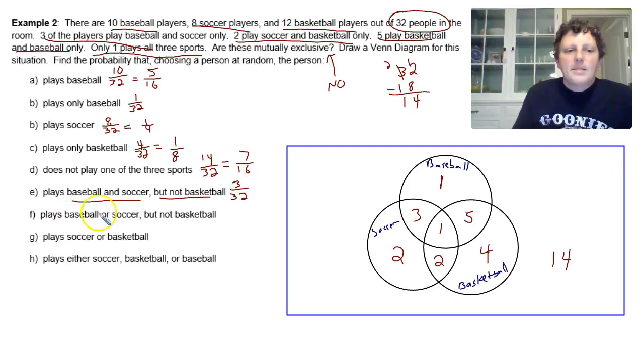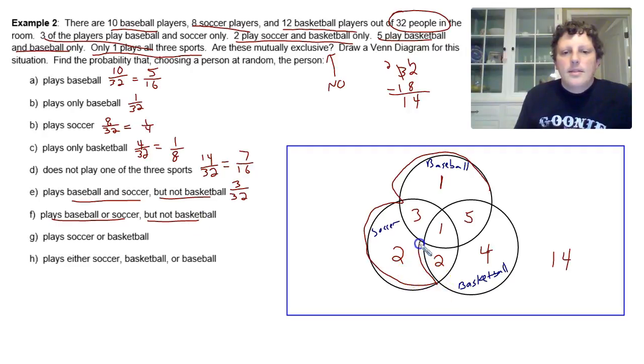All right, plays baseball or soccer, but not basketball. Now, remember the difference between and or. And means it has to be both baseball and soccer. So that's why we were looking at the overlap right here. Baseball or soccer is all of the baseball circle and all of the soccer circle, but in this case, not basketball.